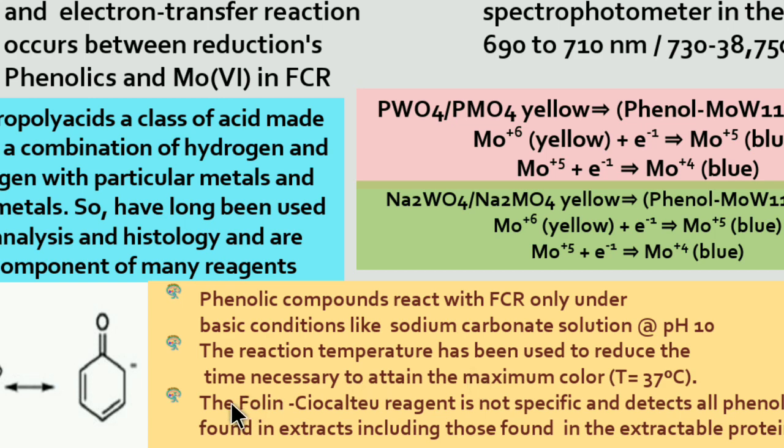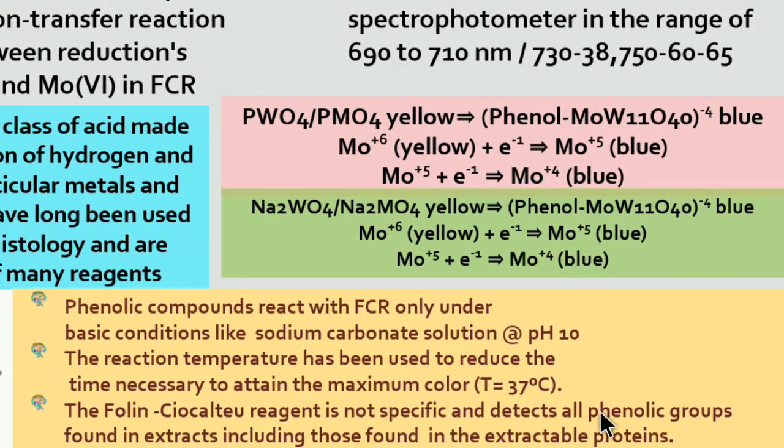Now further, the Folin-Ciocalteu reagent is not specific and detects all phenolic groups found in extracts, including those found in the extractable proteins. If there are proteins which are complexed with the phenolic groups, in that also the FCR is going to detect the phenolic group.